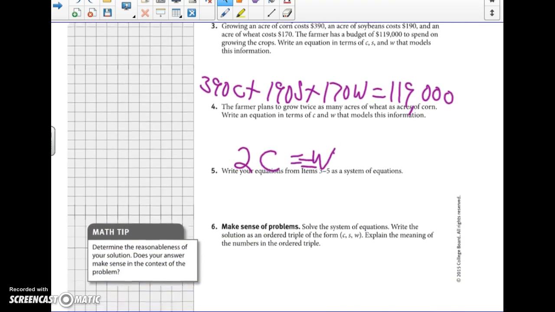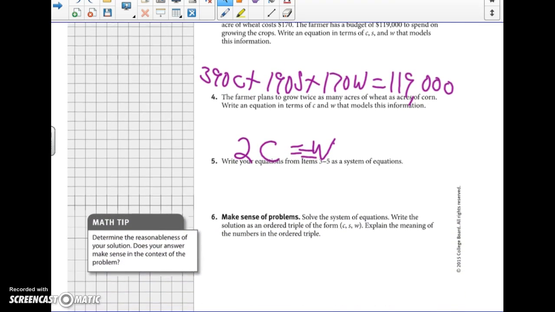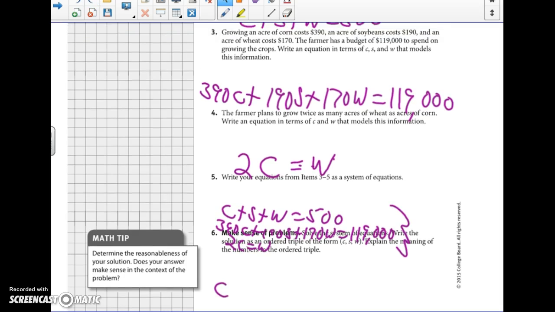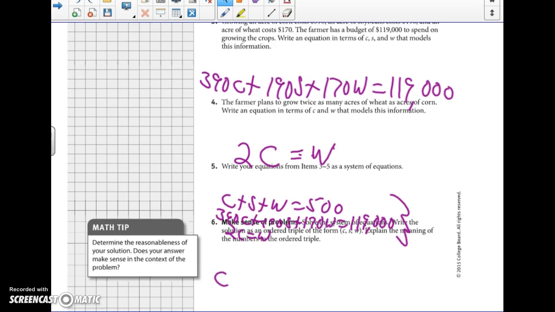So now, number 5 says this: write the system you just made. Oh, that's easy. I just write all 3 equations again. Oh, I know what it is.